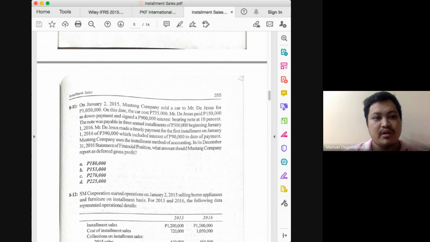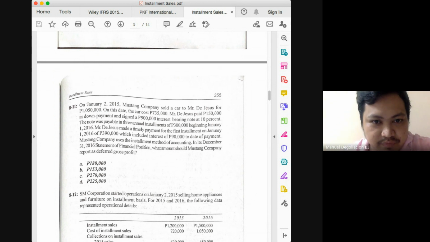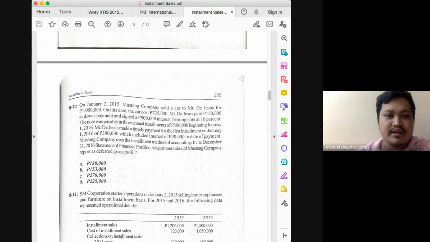Mr. De Jesus paid 150 as down payment and signed a 900 interest bearing note. The 10% note was payable in three annual installments of 300,000 beginning January 1, 2016. Mr. De Jesus made timely payments for the first installment on January 1 of 390, which included interest of 90.